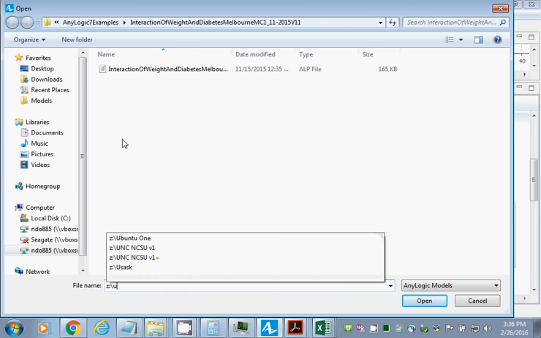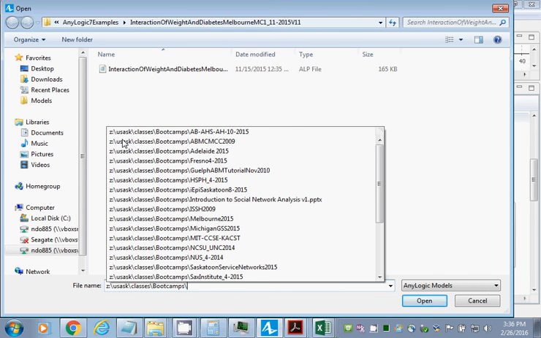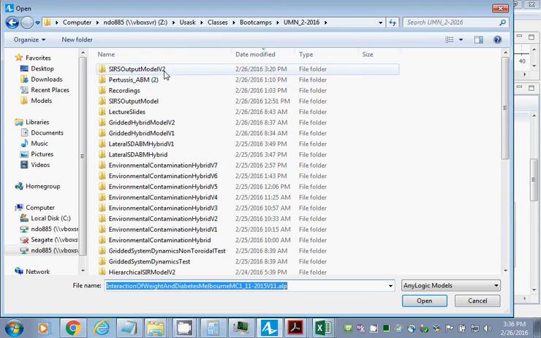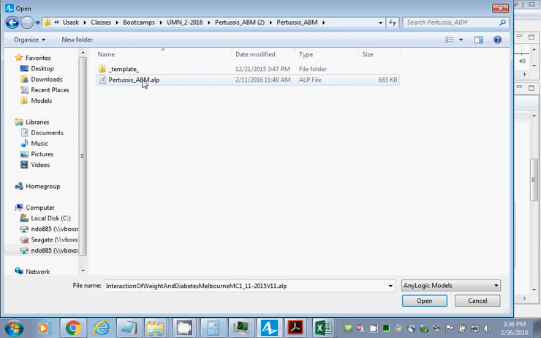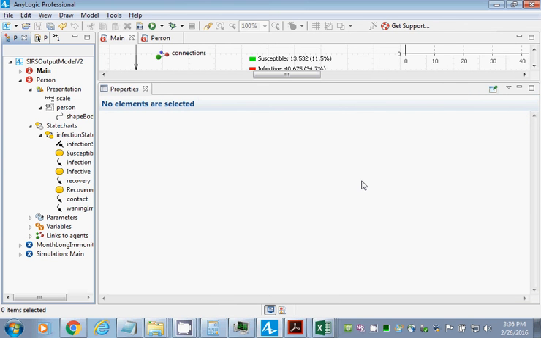Okay. So, ladies and gentlemen, this is what an AnyLogic model looks like behind the scenes. And I am actually going to go open this model that I wish to open. And you will see that AnyLogic models are encoded in something called XML.